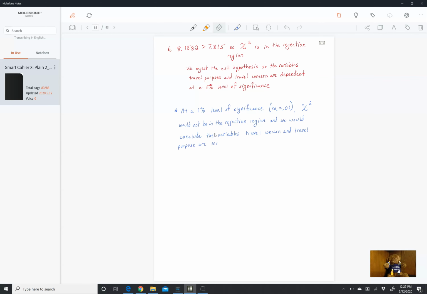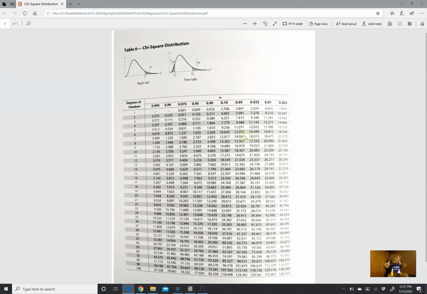Let me show you why. So this is easy to see because our rejection region, right, our critical value, if alpha is equal to 0.01, let's go to that chi-square distribution.